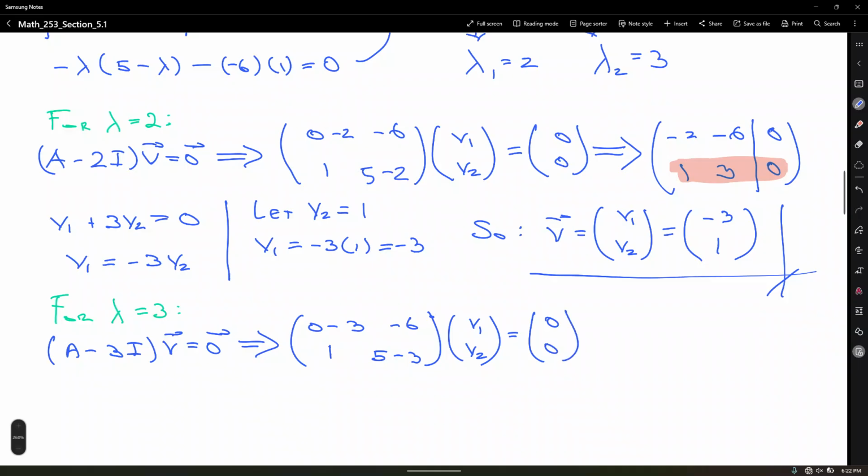Now I'm going to turn this into an augmented matrix that represents the system of equations. That's more compact, easier to handle. So 0 minus 3 is negative 3, 1, negative 6, and 5 minus 3 is 2, with a bar and zeros to the right.